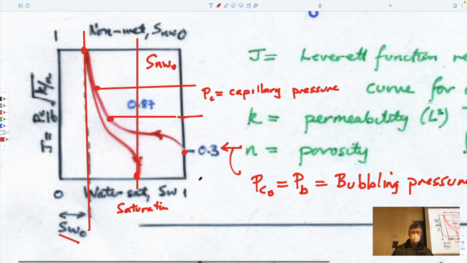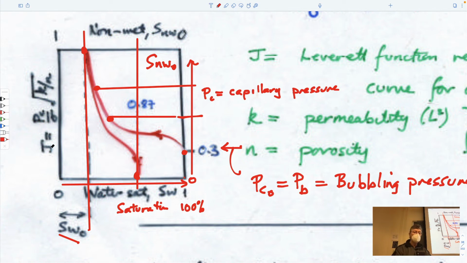Instead of defining these axes, this being capillary pressure in this direction, this is 0 and this is a big number. This is saturation in this direction. This is 0 and this is 100%, or 1 if we're decimal.